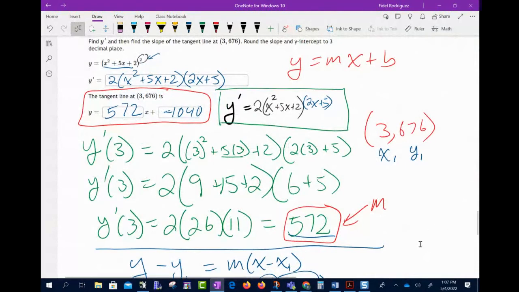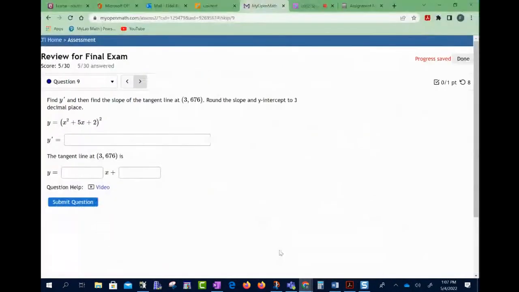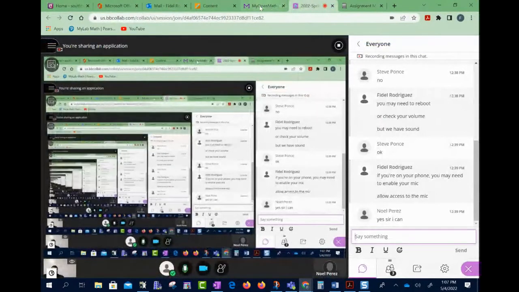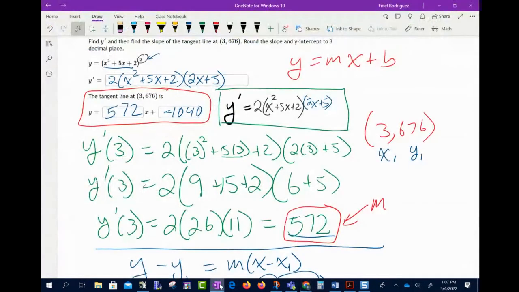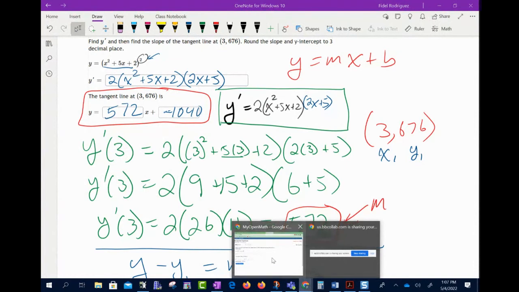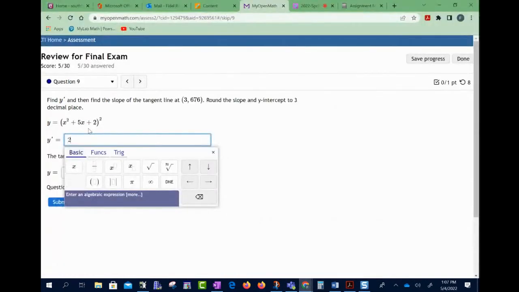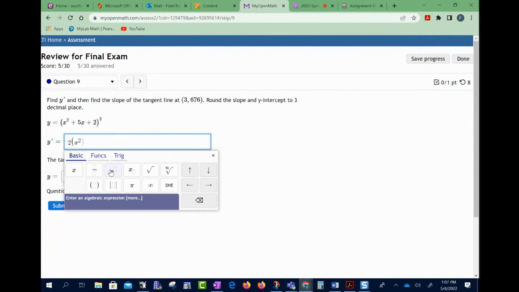Okay, so let's go ahead and enter that stuff in. Come back this way. Okay, so what did I get for the first part? 2 times x squared plus 5x plus 2 times 2x plus 5. Okay, so 2x squared plus 5x plus 2, and then times a 2x plus 5.